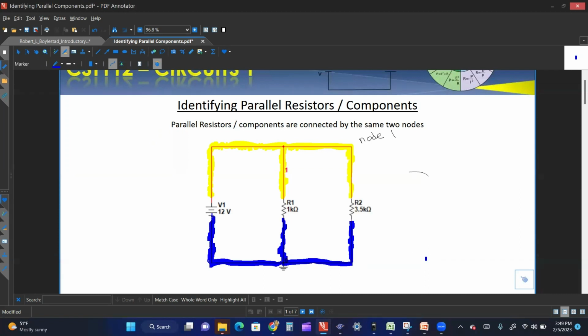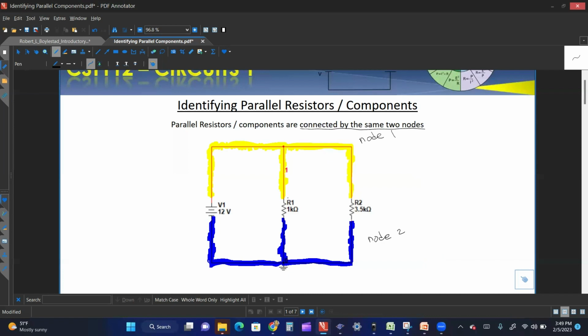All right, so here, this is node 2. In order for the resistors or components to be in parallel, they have to be connected by the same two nodes.